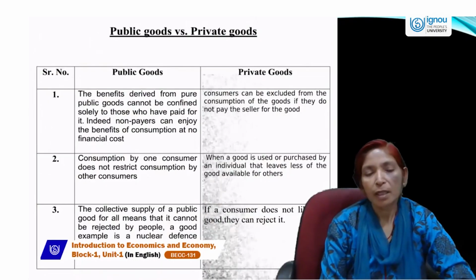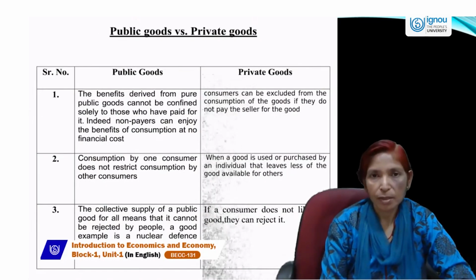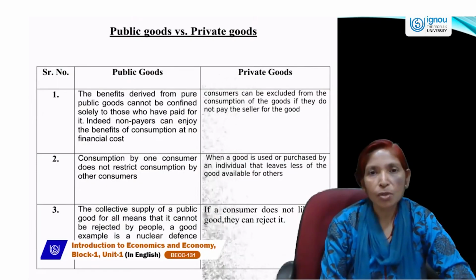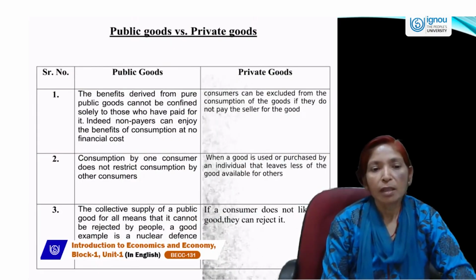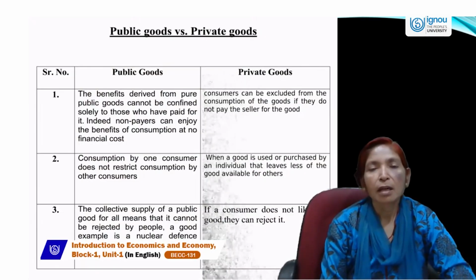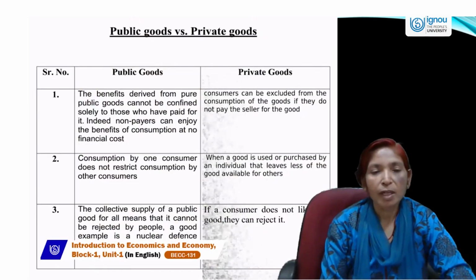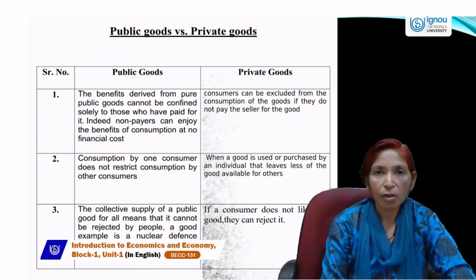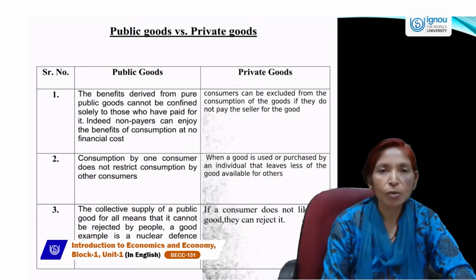All people can use public goods like street lights, roads, bridges, dams, police protection. All these goods, parks, are known as public goods, which are available free of cost. And whether a person is paying for that or not, all can use.